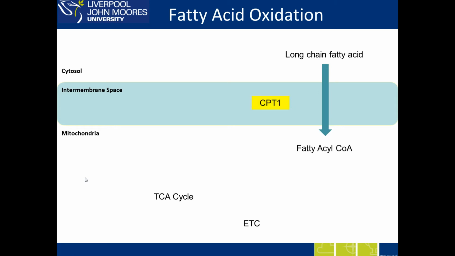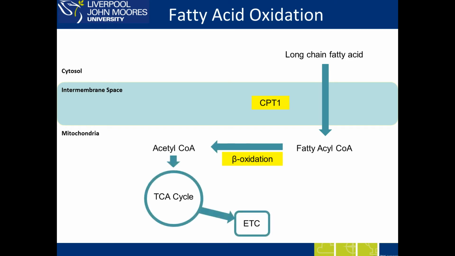So in the cytosol we have long-chain fatty acids, and through a series of reactions which are catalyzed by CPT1, for example, we have fatty acyl-CoA inside the mitochondria. This then has to undergo beta oxidation to form acetyl-CoA, and the acetyl-CoA can then enter the TCA cycle and the electron transport chain in order to generate ATP.